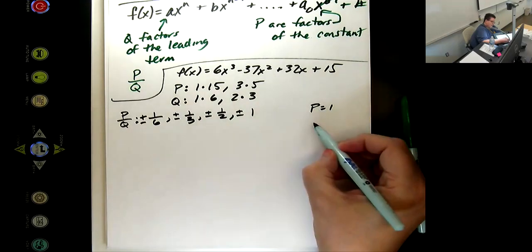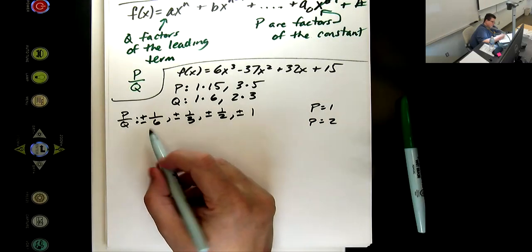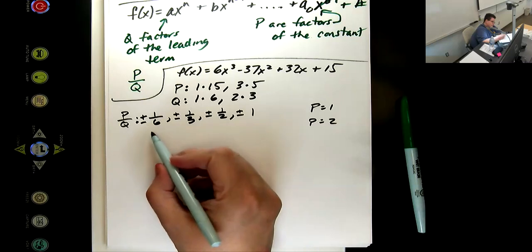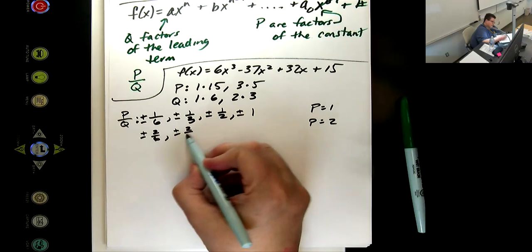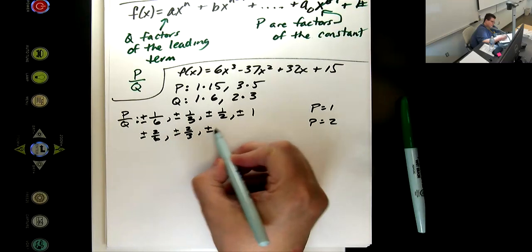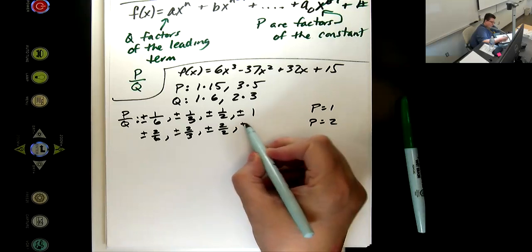Then if I do the P factor is 2, I've got 2/6, 2/3, 2/2, 2/1.